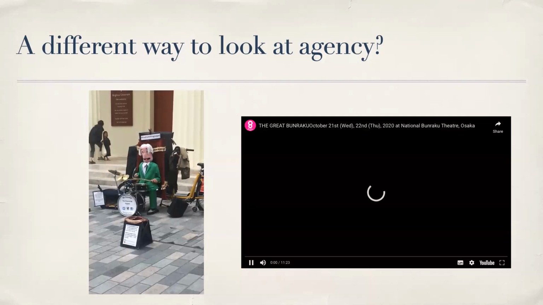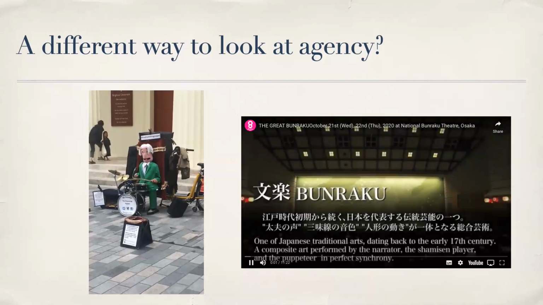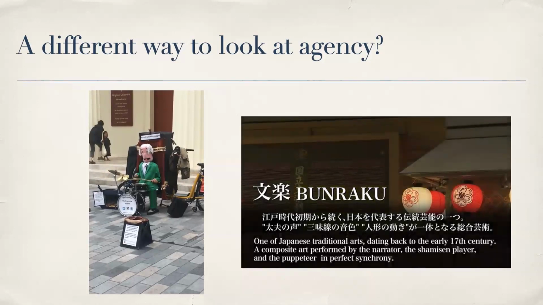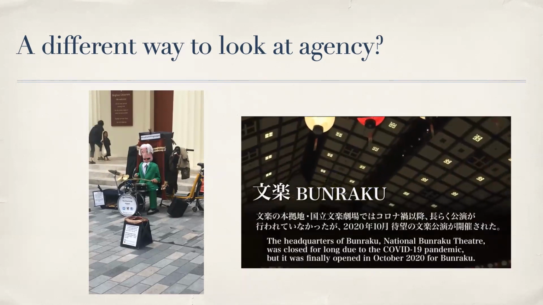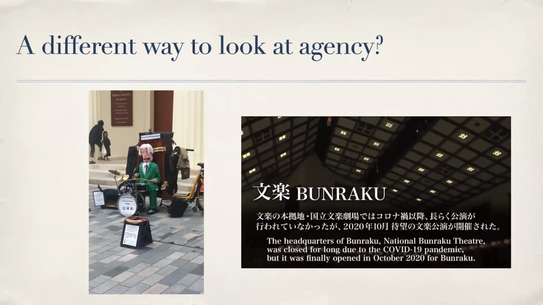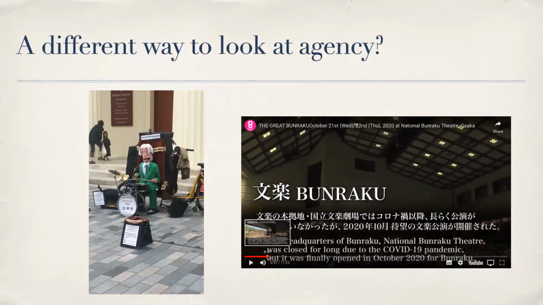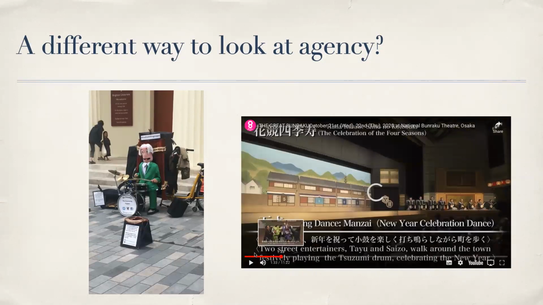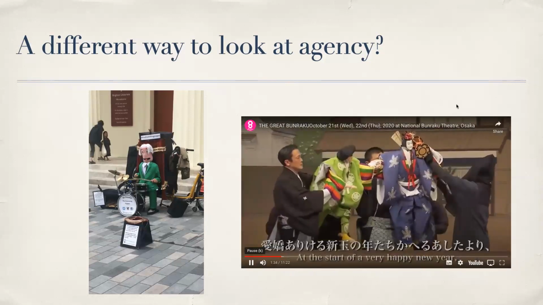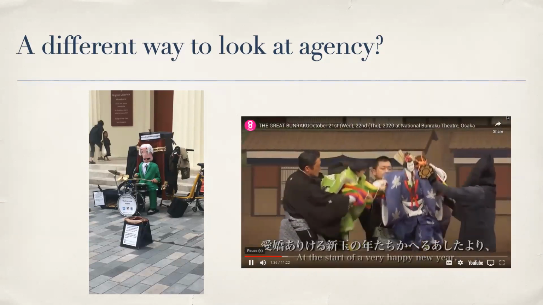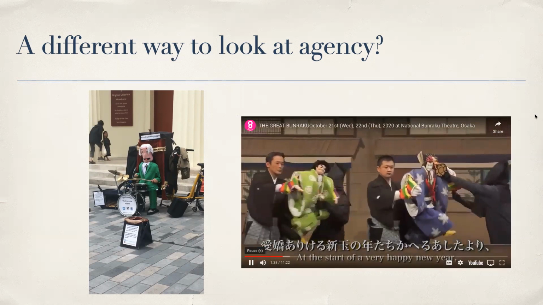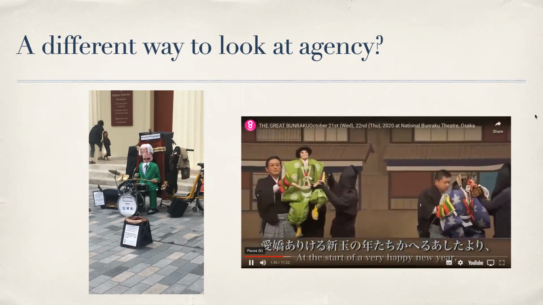Well, this is a very different approach to what we see in other parts of the world. So here I bring out as an example Bunraku. Let me see if I can speed up the video. In this form of puppetry, the puppeteer is part of the show.